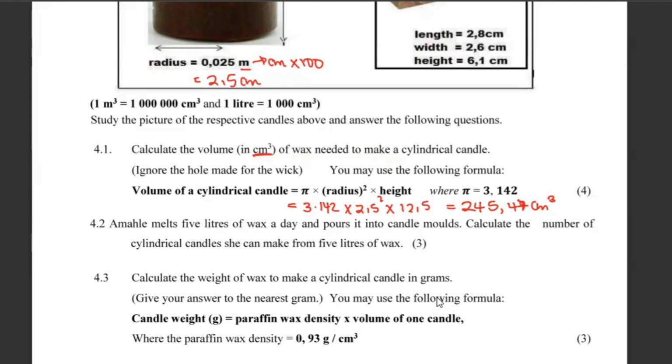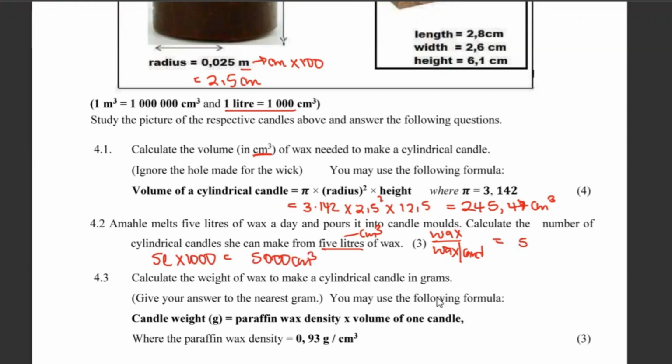These are not liters, but she uses liters to make candles, simply meaning we are going to get the amount of wax divided by the wax for only one candle. So these 5 liters have to become centimeters cubed. So we shall use this factor here. If there are 5 liters, we multiply them by 1,000 and it becomes 5,000 centimeters cubed.